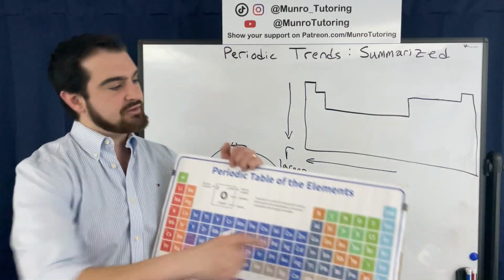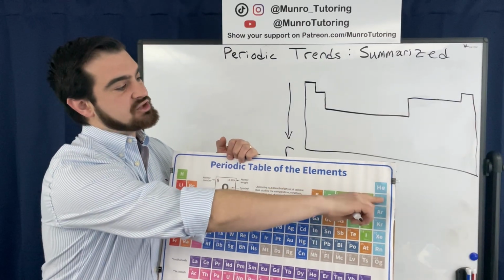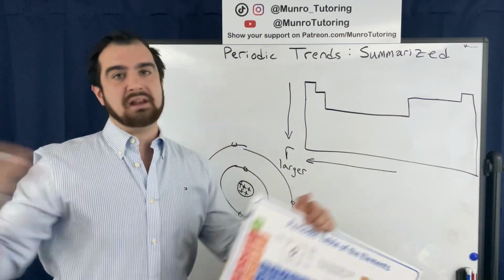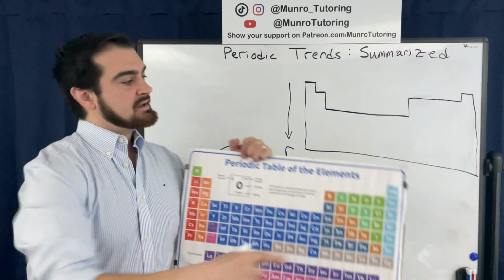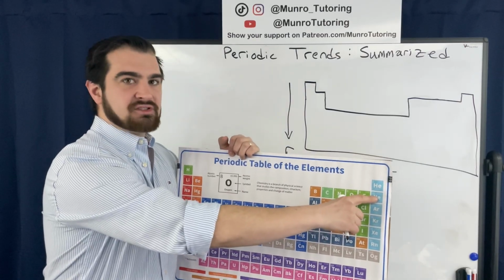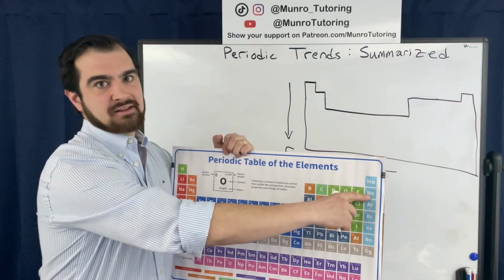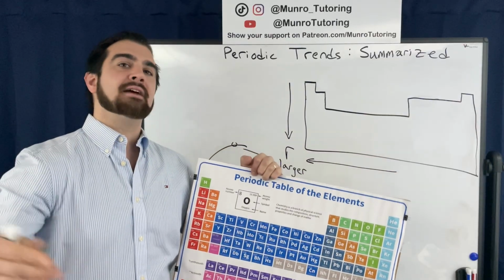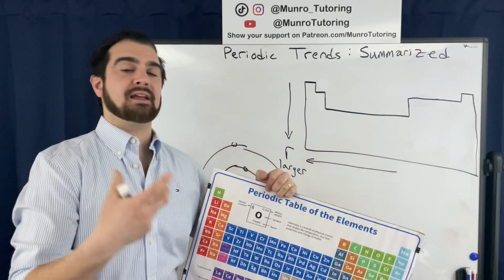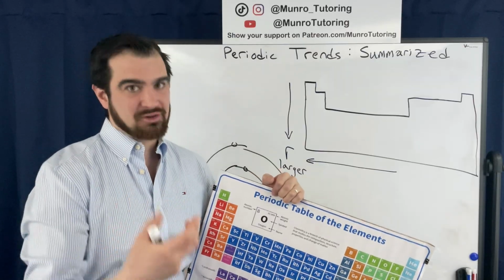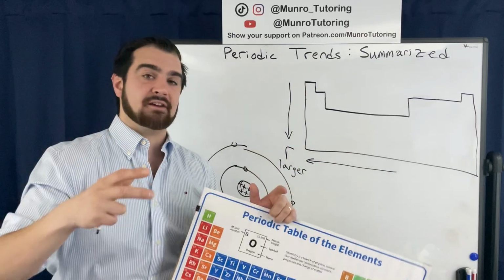And now we only have, this is in period 2, so there's 2 electron shells here. So we just made it smaller. But it's not neon, it has an extra proton. So whatever size neon is, it's going to be even smaller because we have a more highly positively charged nucleus. So it's going to be pulling those electrons even tighter, okay?